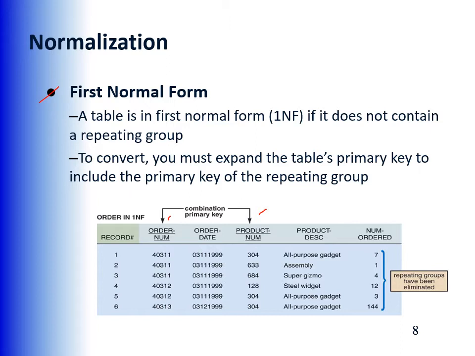In other words, product number cannot be the primary key either, because it appears more than once if several orders include the same product. Therefore the primary key is the combination of two fields, which are order number and product number. That's the first normal form.